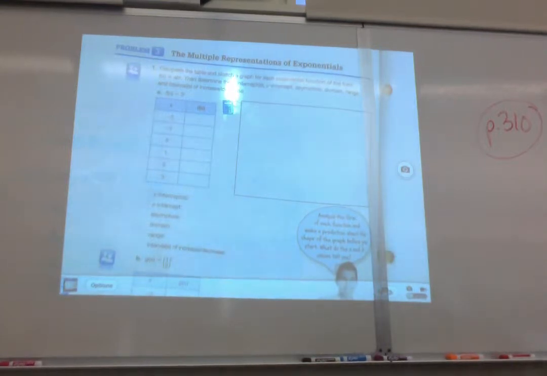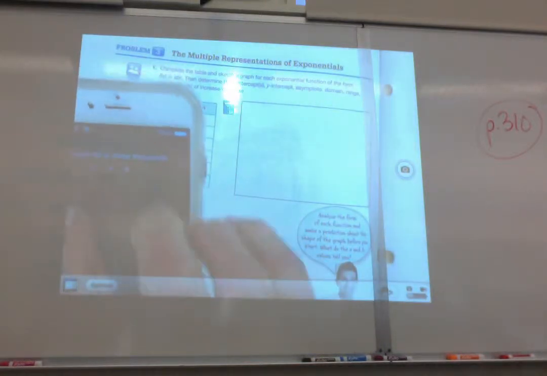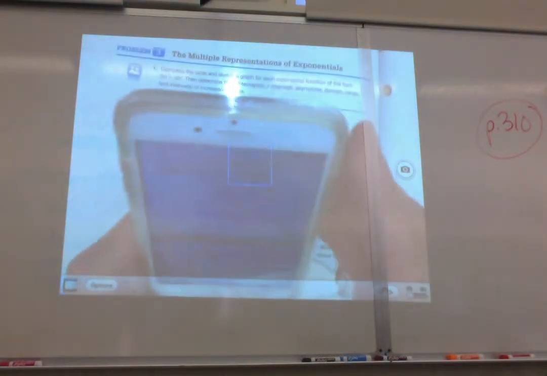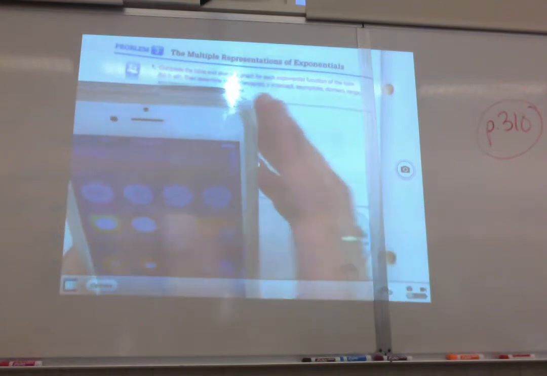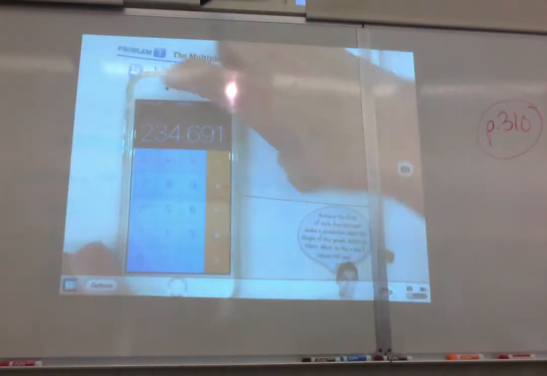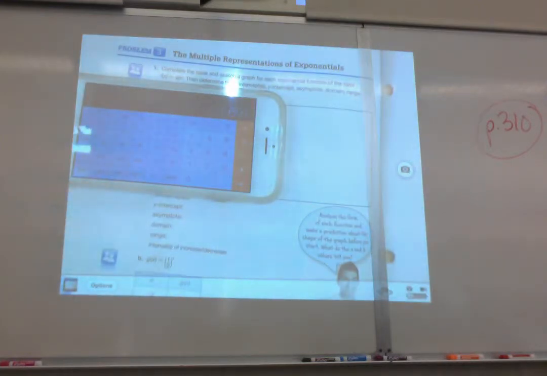The other thing that you can do, most of you know, is on your phone. If you have, and you're using it for an approved educational purpose. Okay, most of you know this calculator. Some of you know if you turn it, it turns into that calculator.